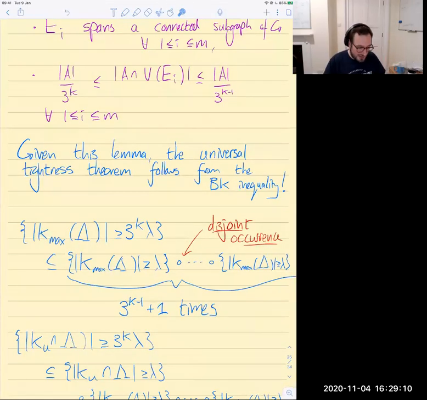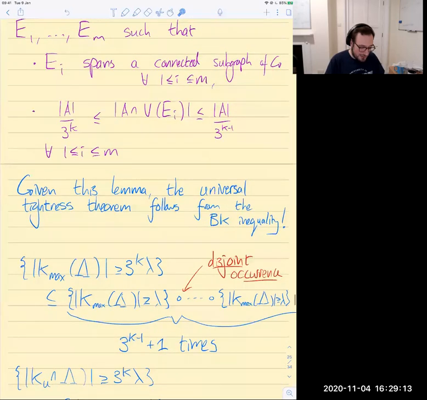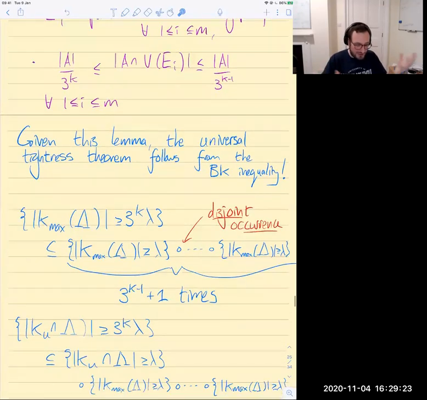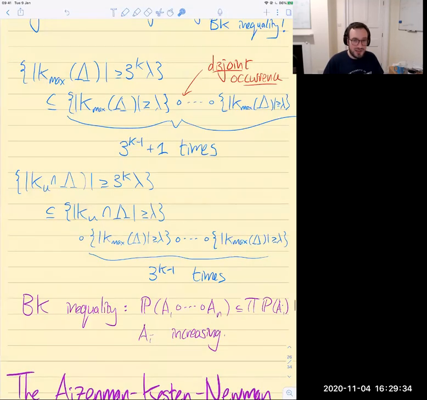I applied this with the graph being equal to the biggest cluster, and the set A being equal to the intersection of that cluster with the set lambda. And I find all these different edge sets that are disjoint, and they each connect to a large number of things. So I get this inclusion of sets. I apply the BK inequality.